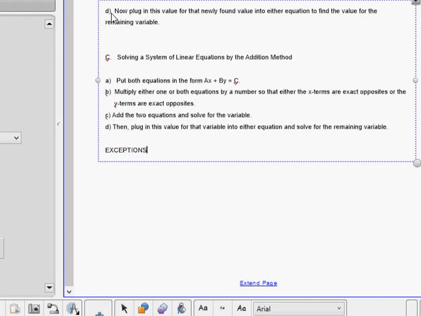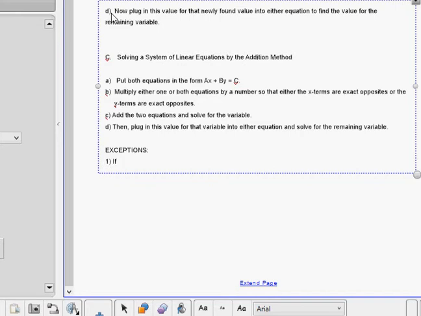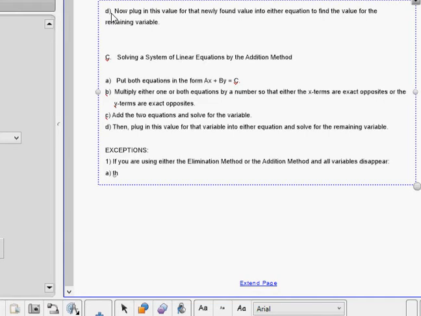Exceptions. If you are using either the elimination method or the addition method and all variables disappear, then if you are left with a false statement like 4 equals 7, the two equations name two parallel lines.